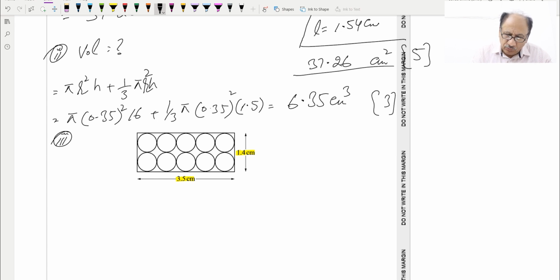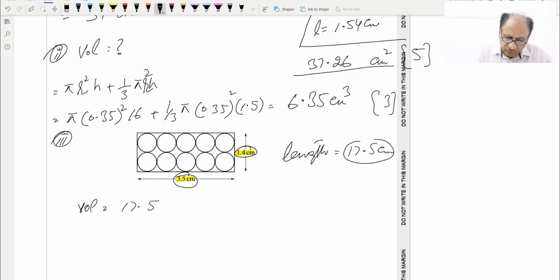So we will calculate the volume of this. The length is provided, which is not mentioned in the diagram. Length is equal to 17.5 centimeter. To calculate volume, we will be multiplying these three values, so volume is equal to 17.5 into 3.5 into 1.4.